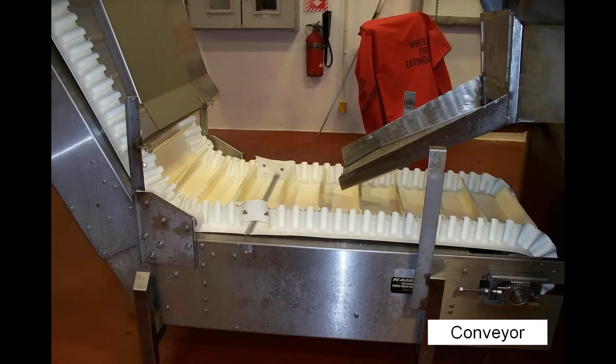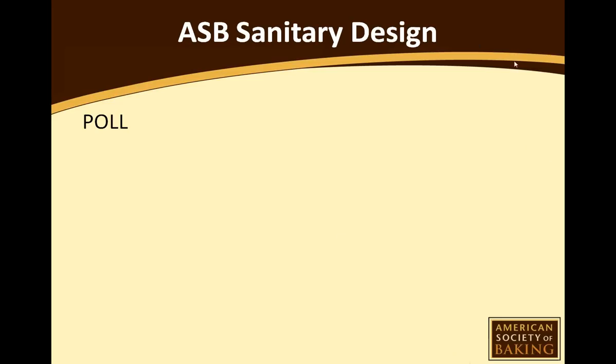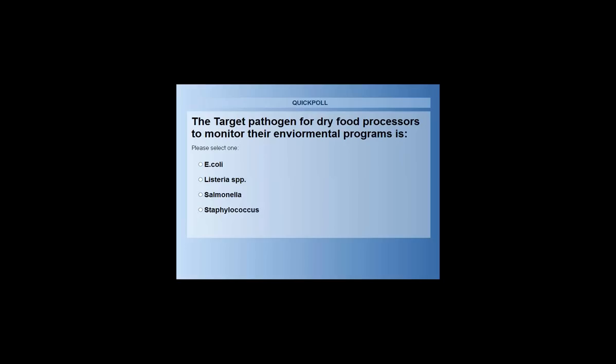So let's go to a polling question. All right, I'm going to get ready to launch the next poll, and the question is, the target pathogen for dry food processors to monitor their environmental programs is. Everyone could take a moment to select an answer.